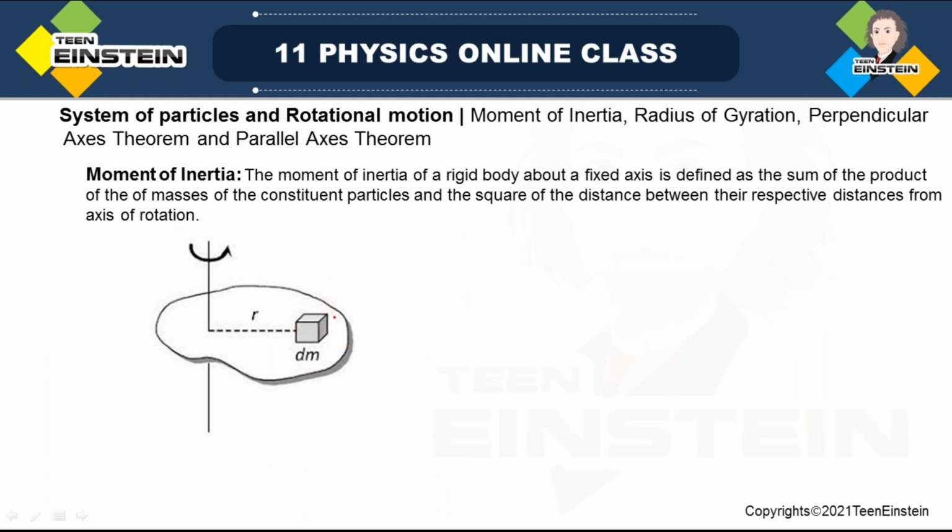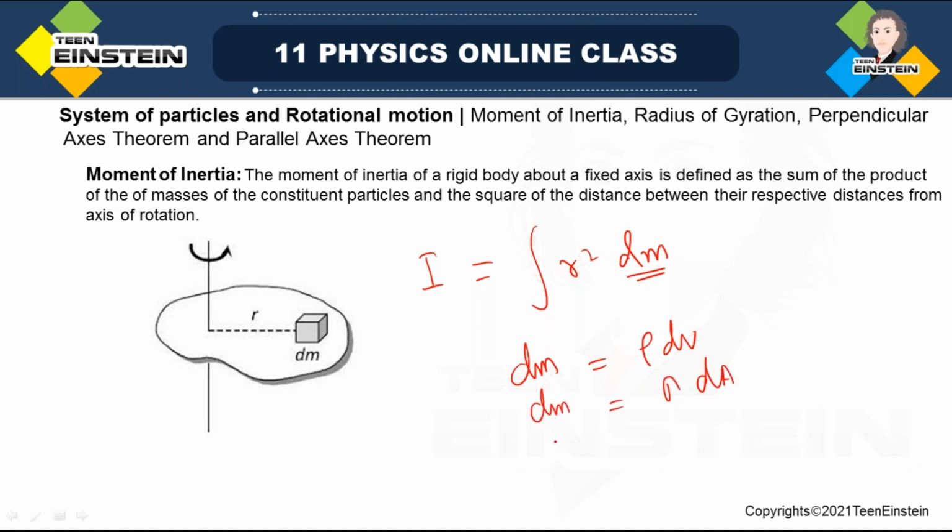So the moment of inertia will be the integral of r square dm. According to the shape and size of the object, you have to write dm either as rho dv, or dm can be written as sigma da.